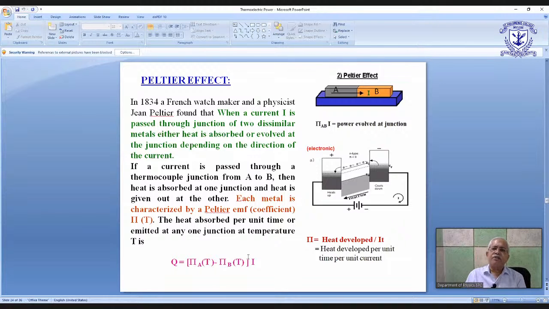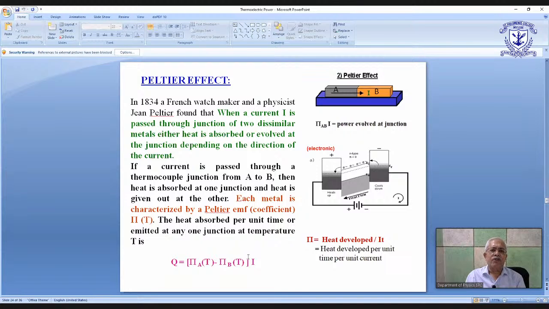The next topic which we want to discuss is what is called the Peltier effect. We will see later that this Peltier effect can be exploited to make electronic coolers, which are called thermoelectric coolers, or Peltier coolers.